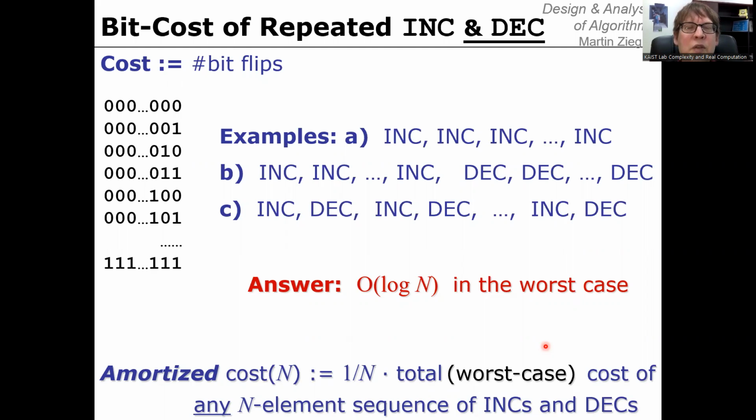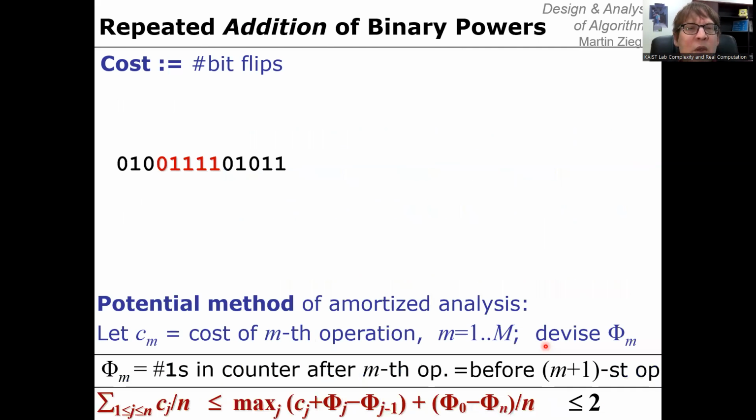So now let's return to the case where we omit the decrement operation, but instead we generalize the increment operation. Increment means adding 1, 1 being a binary power of 2, namely 2 to the 0.